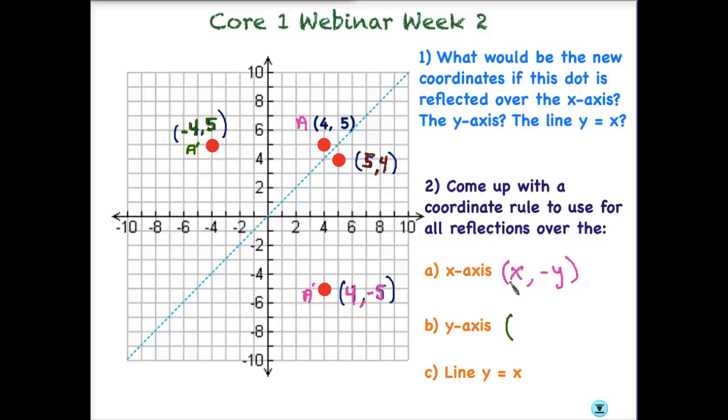Good. Perfect. That's exactly what I was looking for. Nice job. So you would multiply your x coordinate by a -1, and you would leave your y coordinate the same. Good job, you guys.